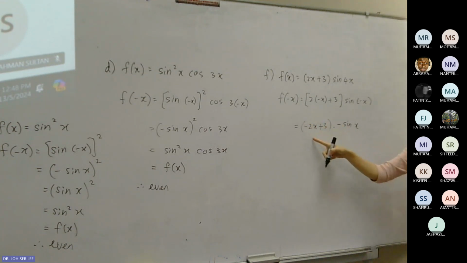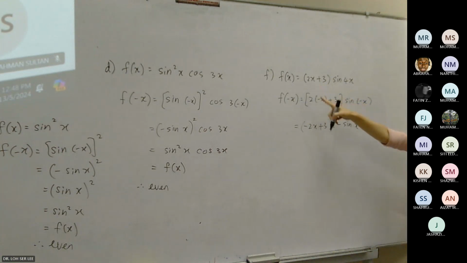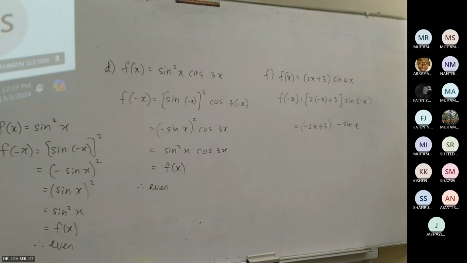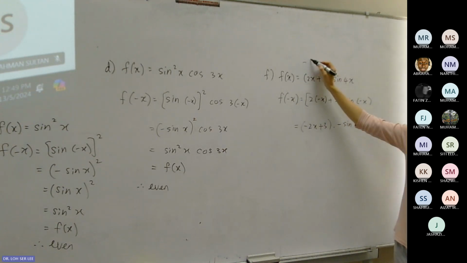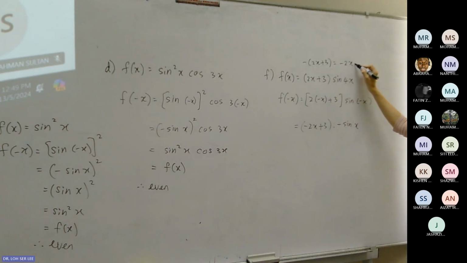This part actually is not the same as the original, and it is also not the same with the negative f(x). From here, your negative f(x), that means this one, negative 2x minus 3. This is also not the same.